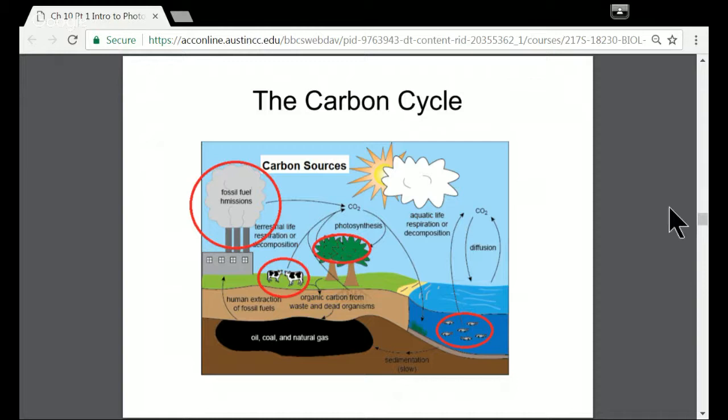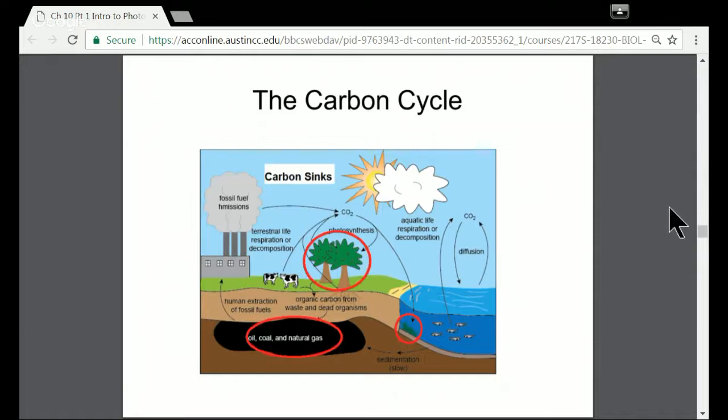And so what we're seeing right now is a very large increase in the amount of CO2 in the atmosphere and a relative decrease in the amount of oxygen. Because think about this, at the same time that we are releasing all this fossil fuel, we are also destroying the photosynthesizers. We're cutting down rainforest, we're poisoning the oceans where the algae live.